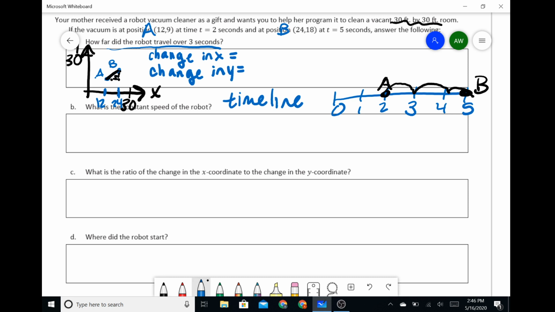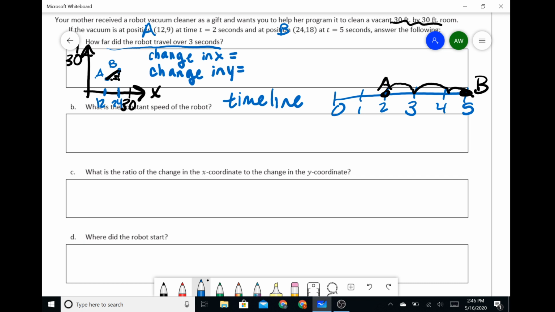Perfect. All right. So the change in X between the 24 and the 12, the way we figure out that change is the same way that we figured out that change before, right? In part 1, our X values were 30 and 10, and the way we figured out the change was we subtracted, and we got 20. So here we're going to do the same thing.